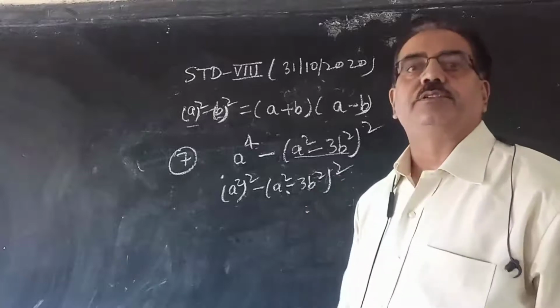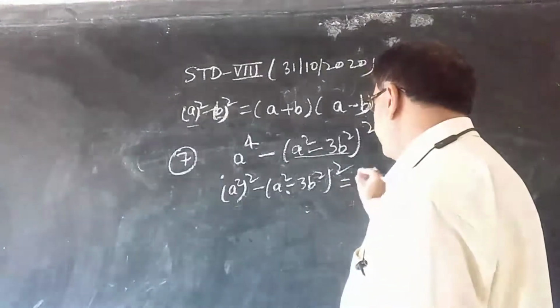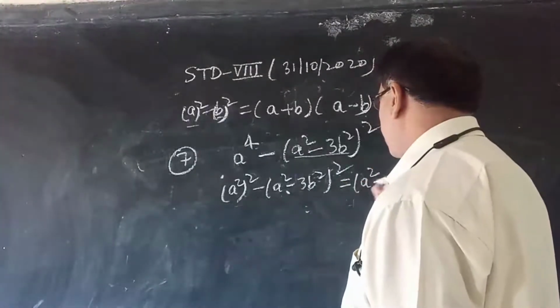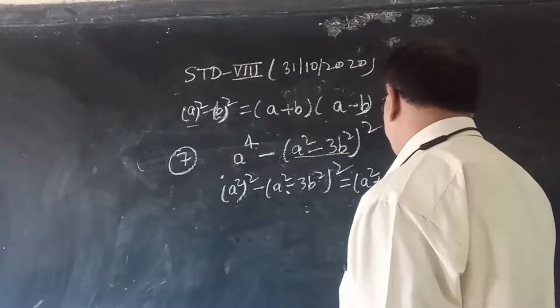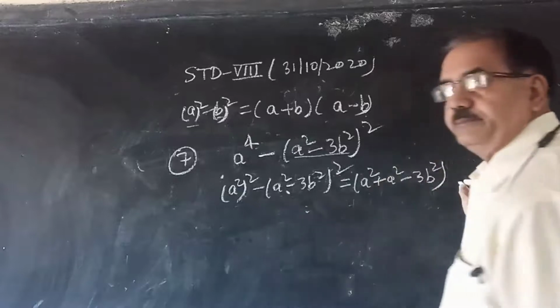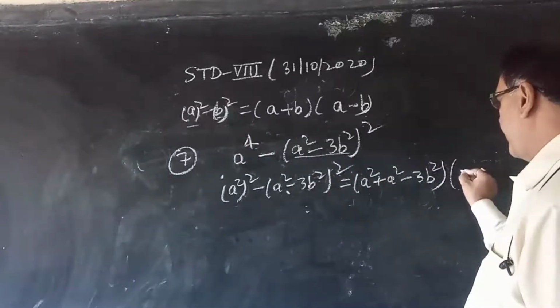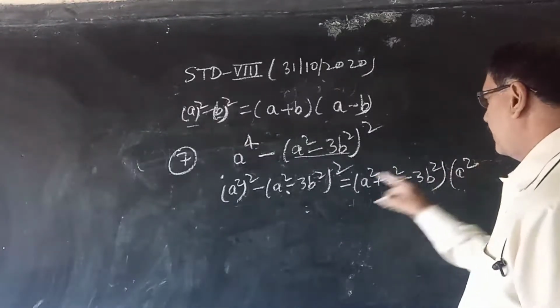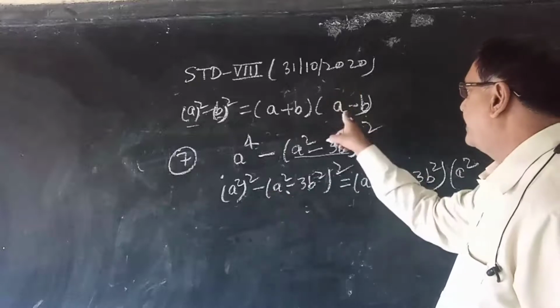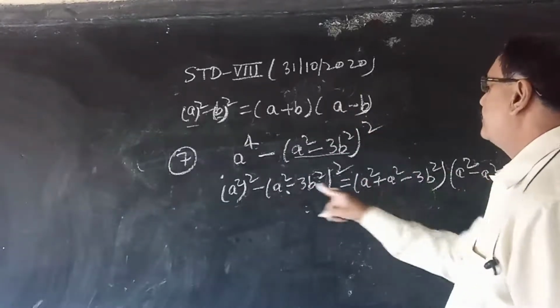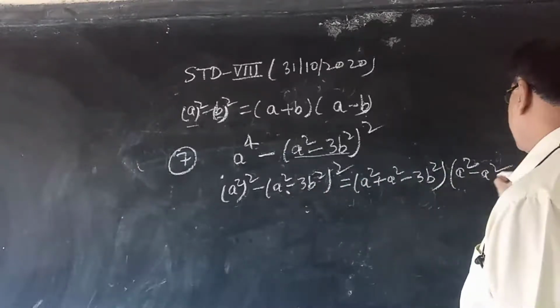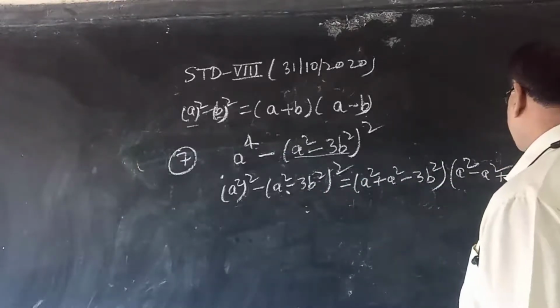Now write in result form. What is the result form? a plus b: a square plus a square minus 3b square, and a minus b: a square, then the minus sign is here, so it becomes minus a square, and minus minus plus 3b square.